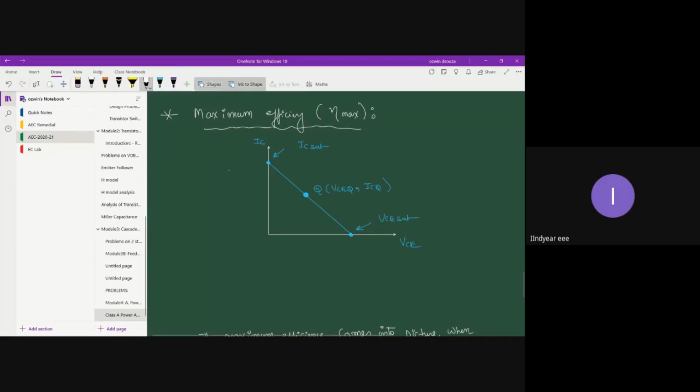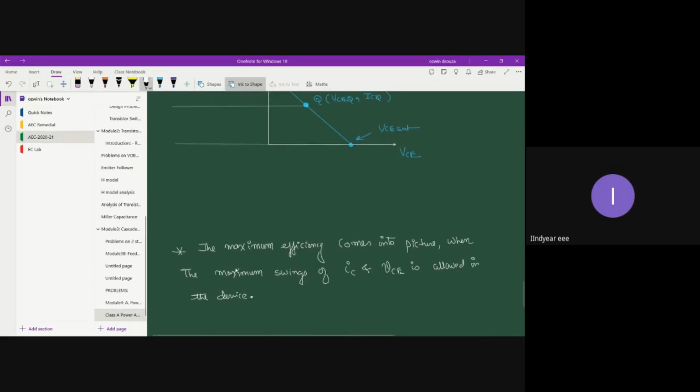All right. So what we will do is draw some thin lines from this point, and then from this point, and then also from this point.